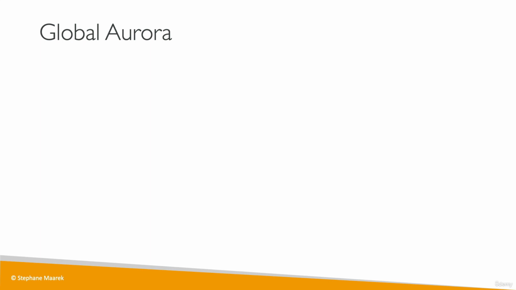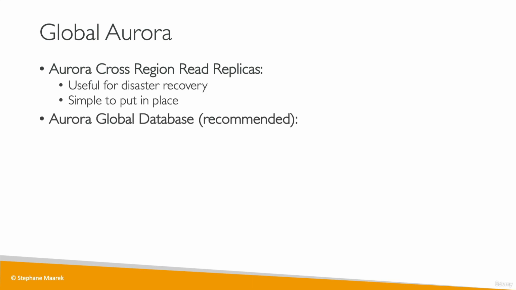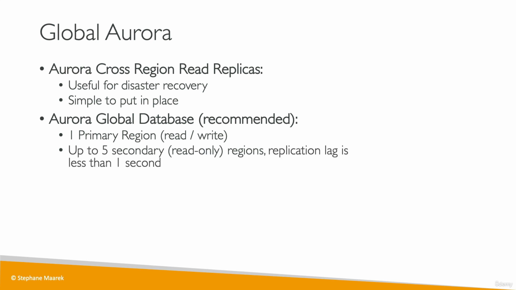Finally, we have global Aurora. In case we have an Aurora cross-region read replica, it's going to be very helpful for disaster recovery, very simple to put in place, but you can also set up the Aurora global database, which is the recommended way of doing things today. In this case, you have one primary region where all the reads and writes happen, but you can set up to 5 secondary read-only regions where the replication lag should be less than 1 second, and up to 16 read replicas per secondary region.